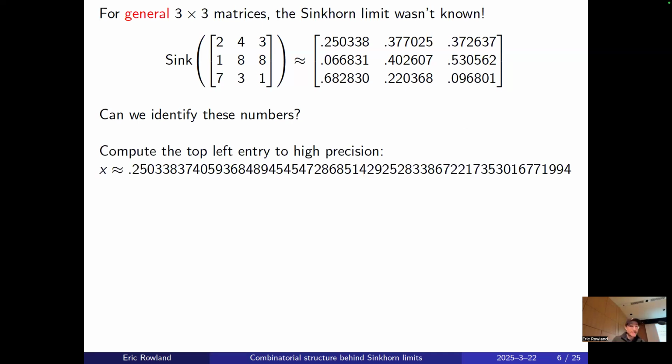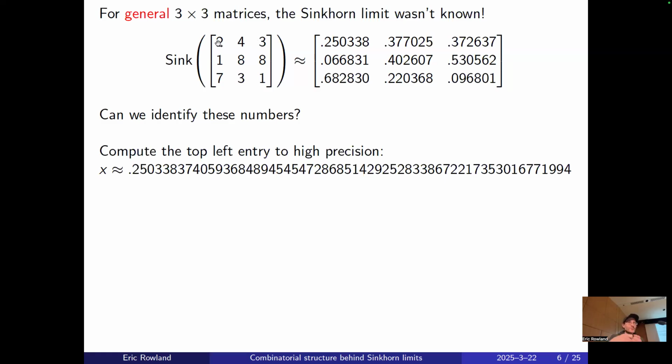So one way to do this is to first compute, let's say, the top left entry to high precision. How do you do this? You want to treat these integers as high precision real numbers.